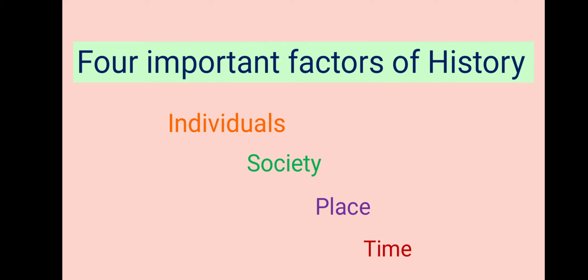Individuals include the name of a particular king, queen, or person. Society includes languages, social life, and festivals. Place includes the name of a particular place, village, or battleground, and time includes dates, years, and periods. So, for understanding history, these four factors are very important: individuals, society, place, and time.